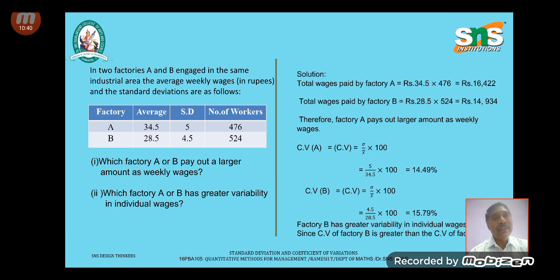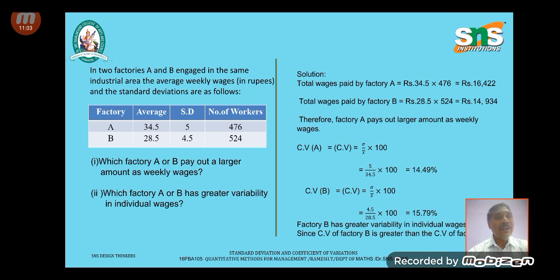Similarly, in factory B, the average wage is 28.5, the standard deviation is 4.5, and the number of workers is 524. Which factory, A or B, pays out the larger amount in weekly wages? We calculate that. And the next one: which factory, A or B, has greater variability in individual wages?